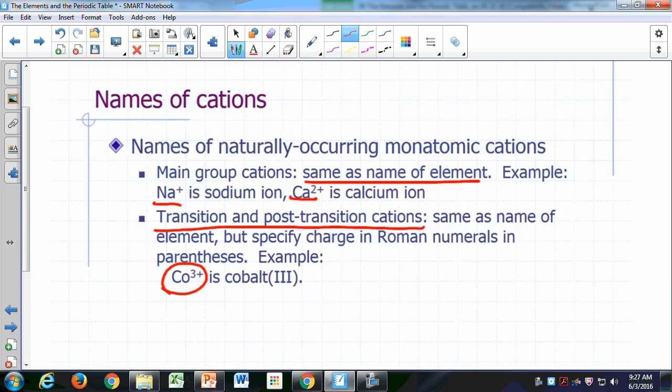If I ask you to name Co 3+, you tell me this is cobalt, then in parentheses, in Roman numerals, you tell me the charge. So this is cobalt(III) ion. That's just because it's an ion known to exist with more than one possible charge.